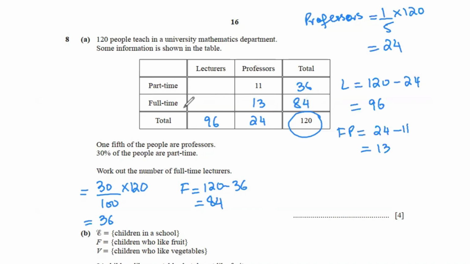So full-time lecturers are going to be 84 minus 13, which is 71. And this would be 25. So 71 is your answer. This is a very scoring question if you're doing it step by step and finding information for each block where you can.